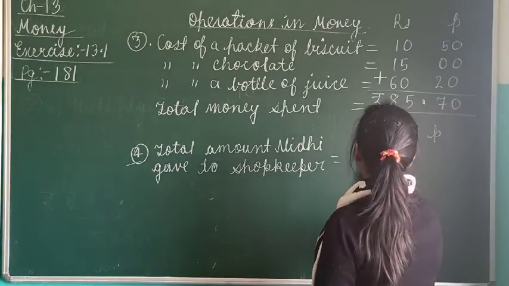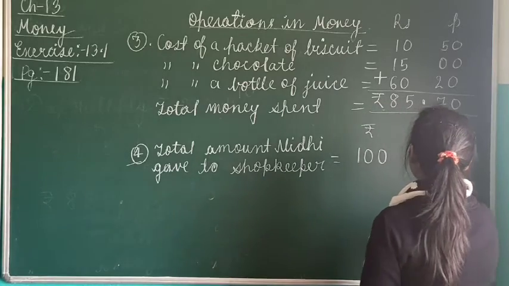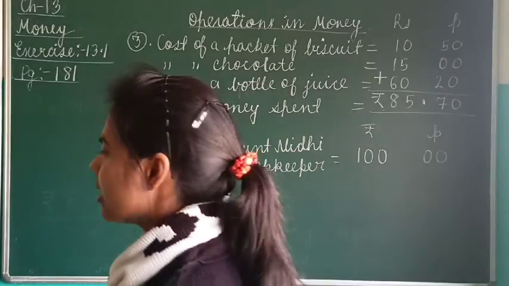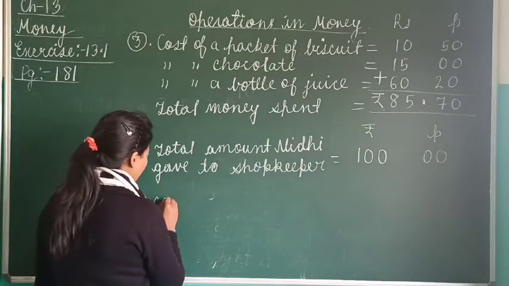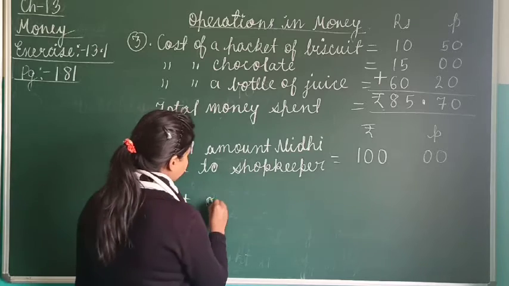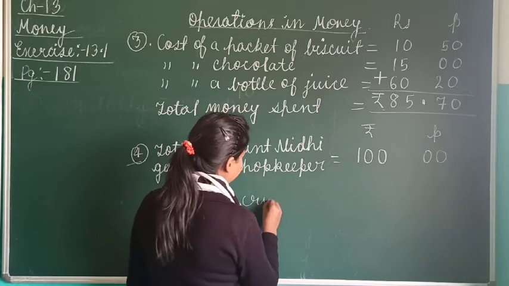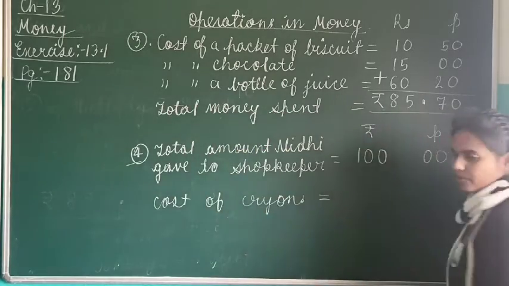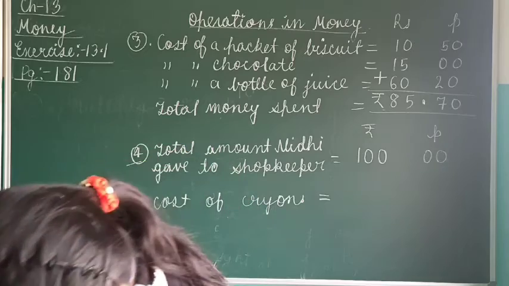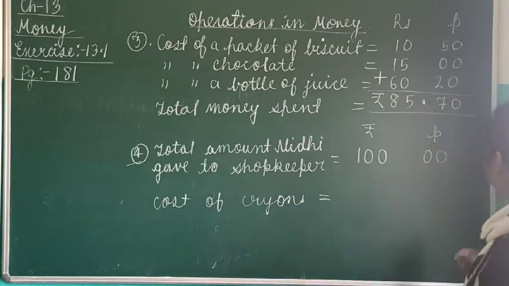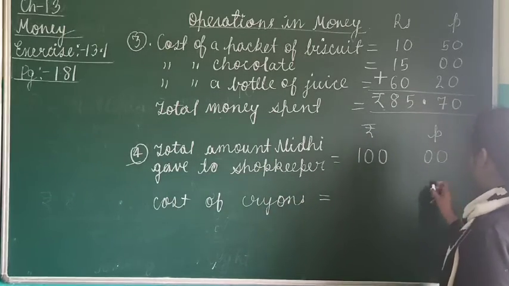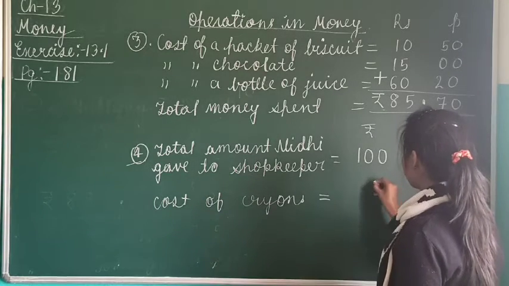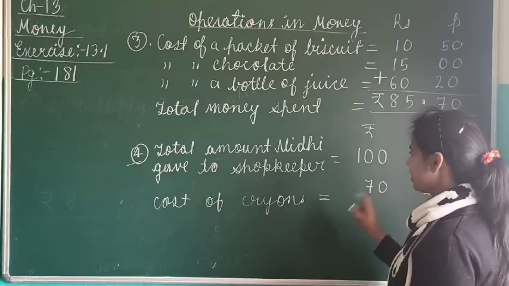She has given 100 rupees. And on the paise side nothing is there, so put 00. Okay. Now what is the cost of crayons? 70 rupees 25 paise. Cost of crayons. So first of all we will write 25 on the paise side. Okay. We have written 25. Now on this side 70. So we start writing from the back side. Here nothing is there.